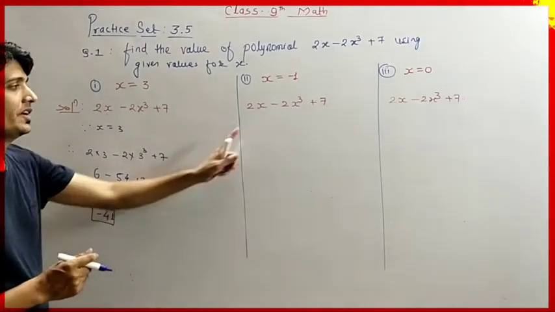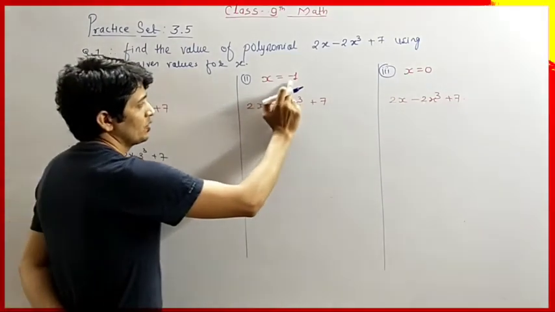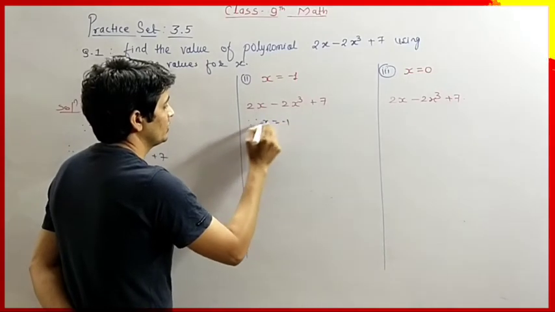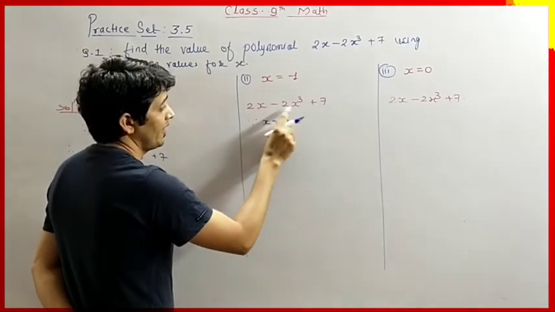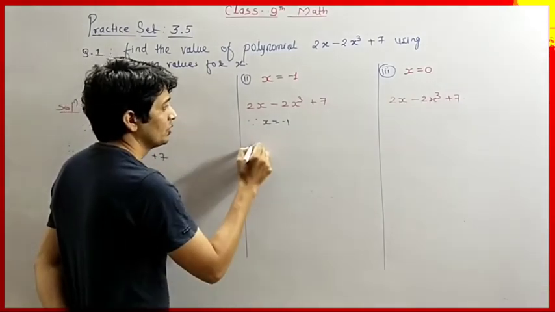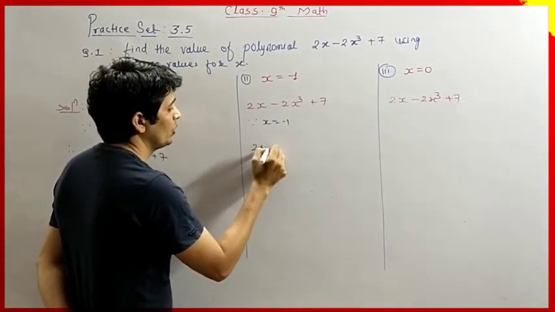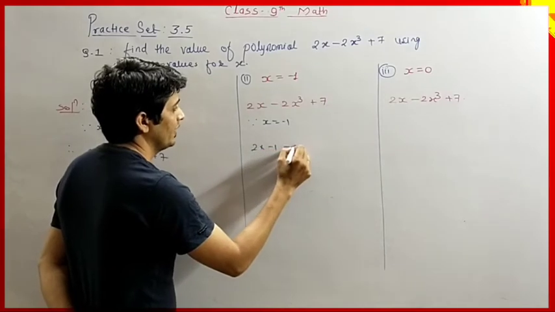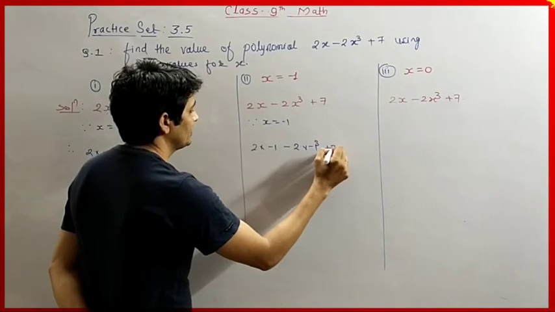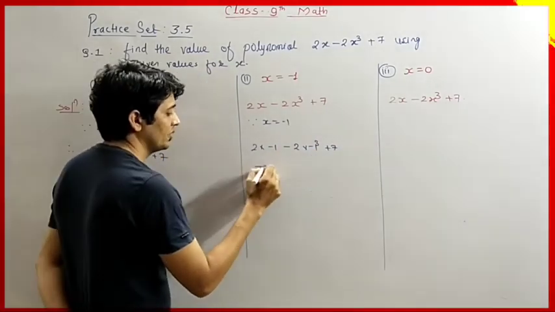Now we have x equals minus 1. Wherever we find x, we have to write minus 1 instead. So we have 2 into minus 1 minus 2 into minus 1 cube plus 7. 2 into minus 1 is minus 2.